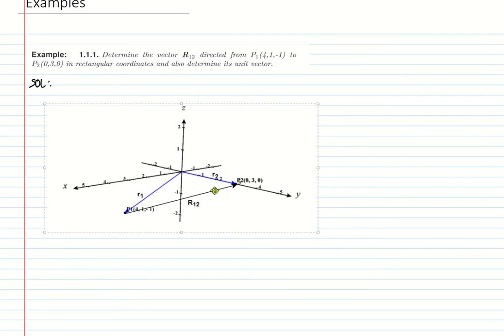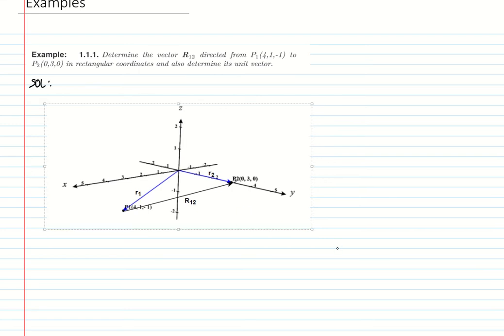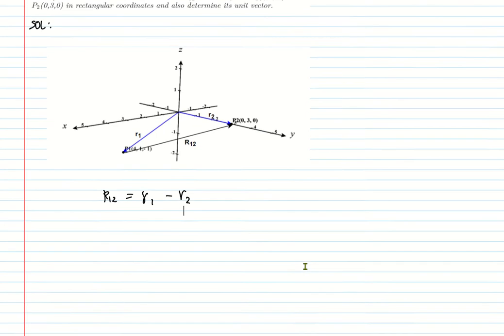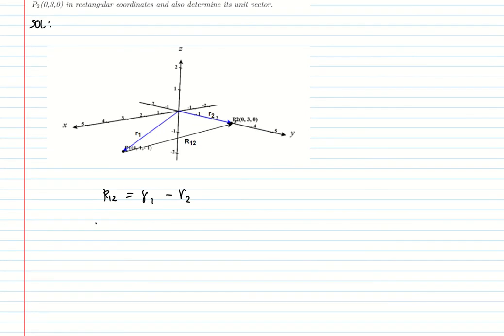It's from point 1 to point 2. So to determine R12 is just equal to the difference of the position vectors, R2 minus R1. If we determine R1 and R2, then we subtract the two vectors, and that will be our R12. So what will be our R1?